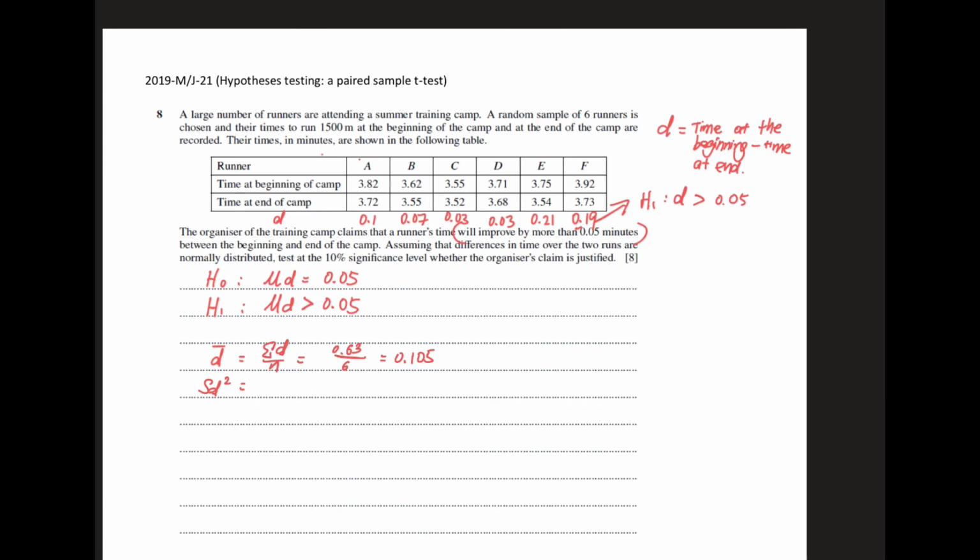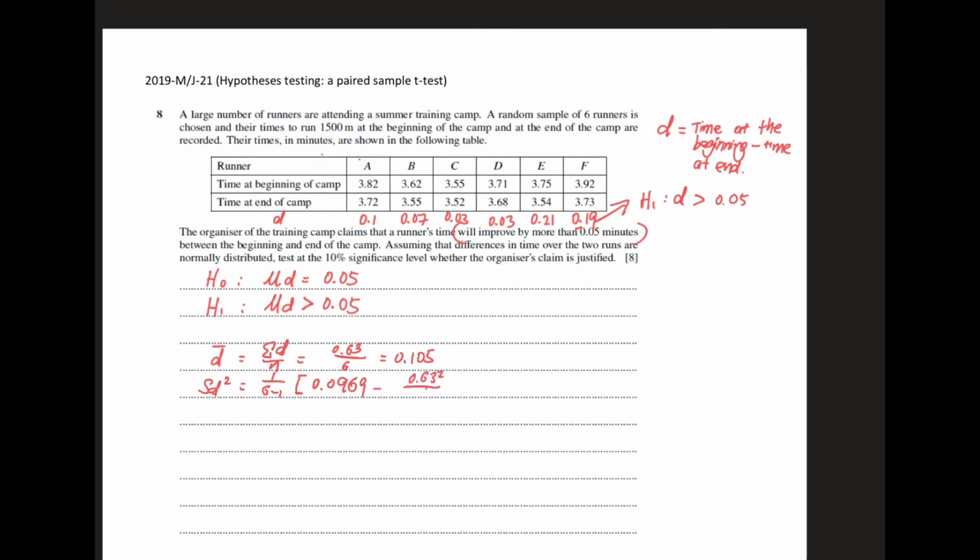Then we calculate the unbiased estimator for the population variance: 1 over n minus 1 times the sum of d squared minus the sum of d, to the power 2, divided by 6. So you square the d and add them up, you get 0.0969.